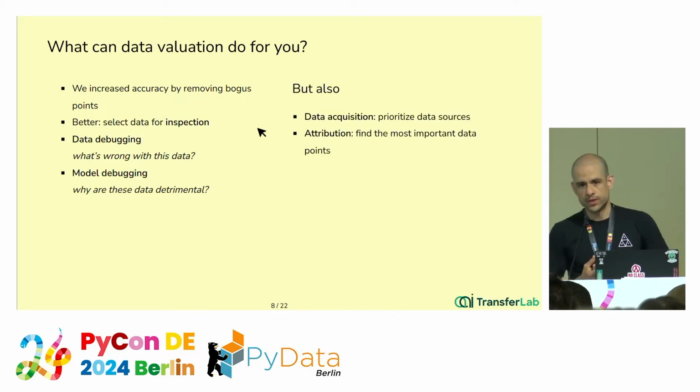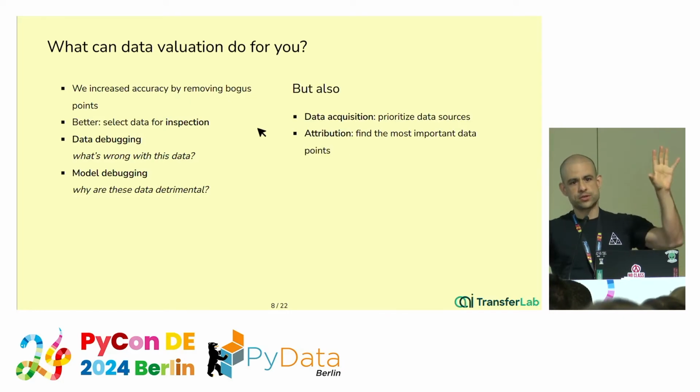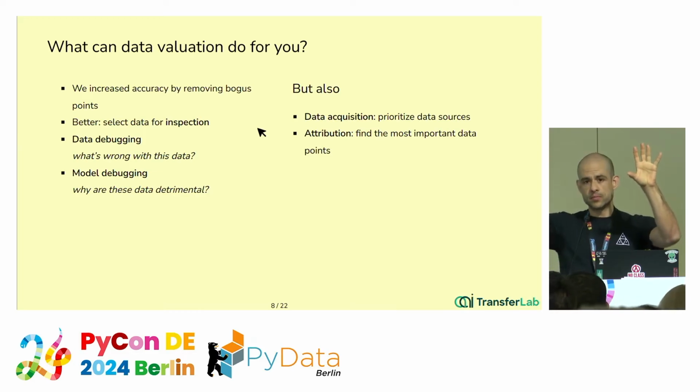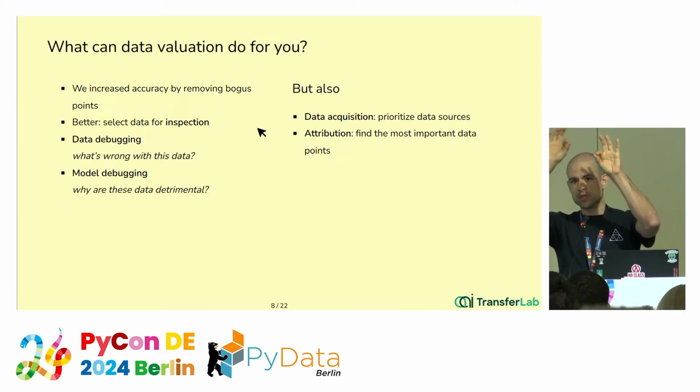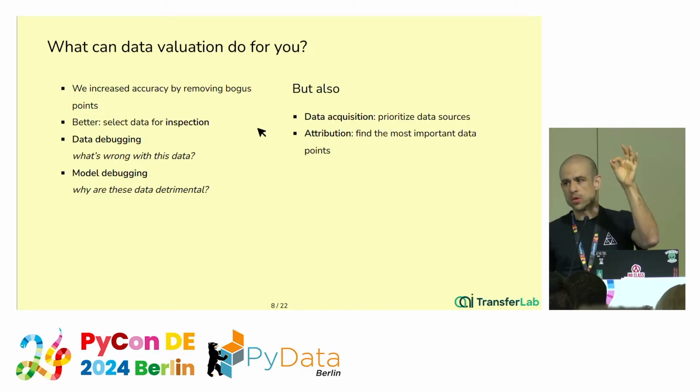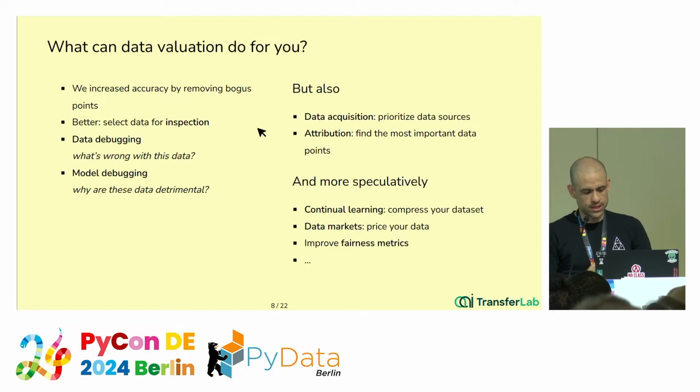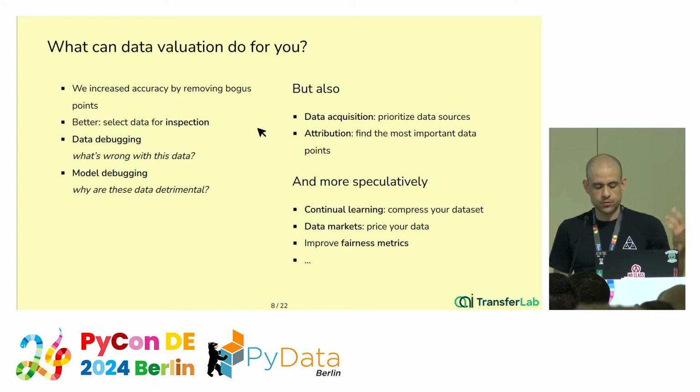But it also can help you with acquisition. If you have multiple data sources, this can help you pinpoint some of them or one of them that is producing bogus data, and how can you find it among the sea of data points I usually get. Attribution is another technique that works better with the inference methods that we're going to be talking about later.